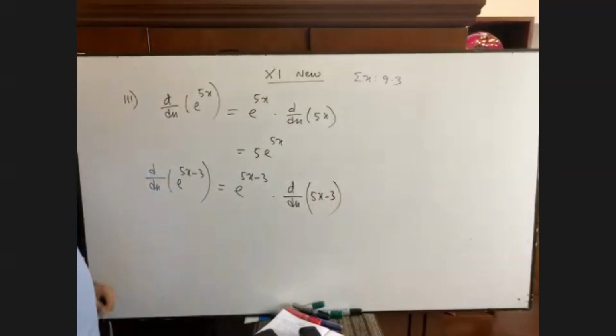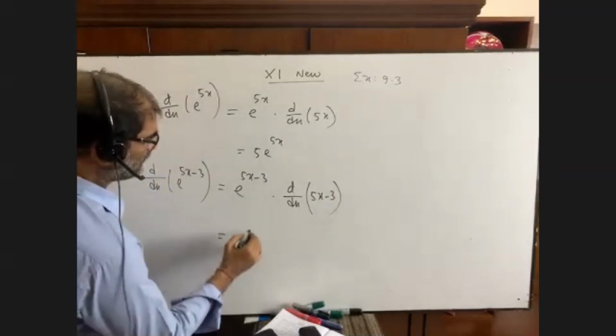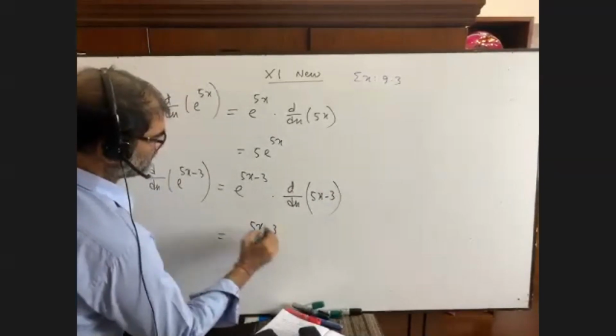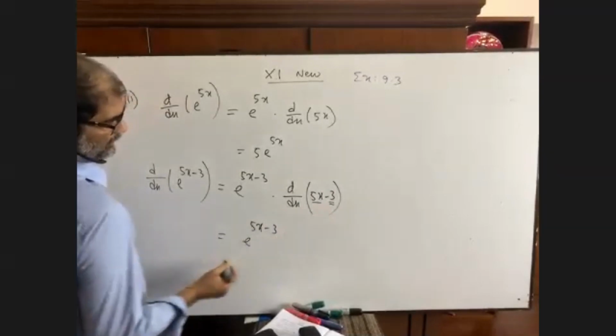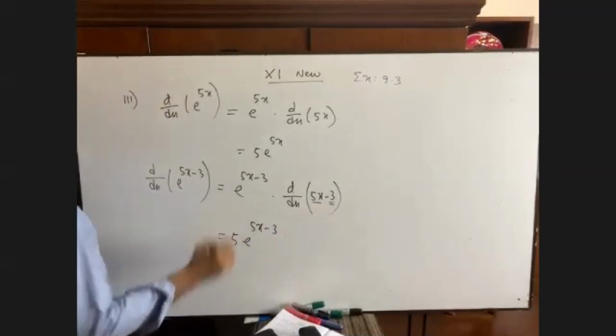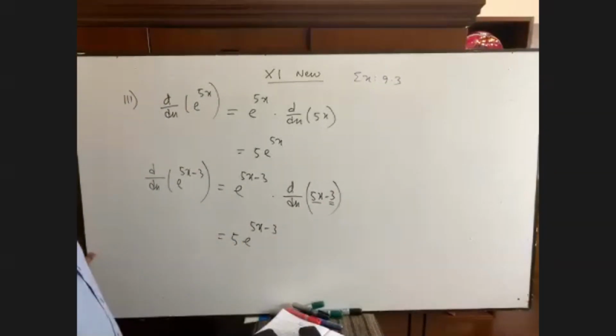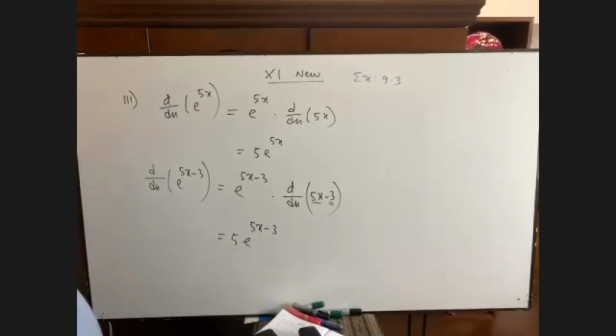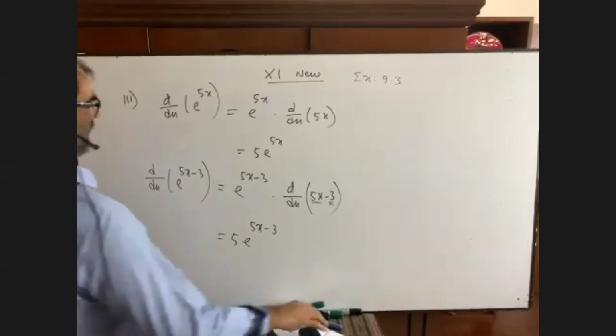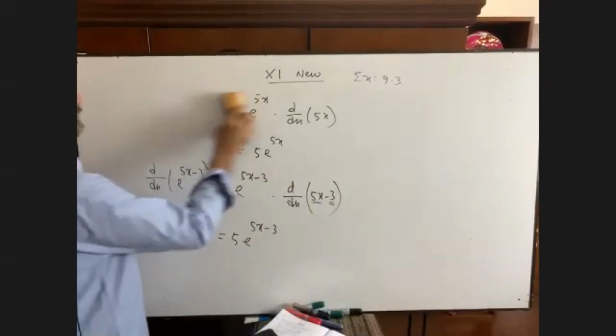Is it okay? Now you see, it is e to the power 5x minus 3. The derivative of minus 3 is 0 and it is 5 only. So this is that 5. Okay. Talk to me. Yes, sir.